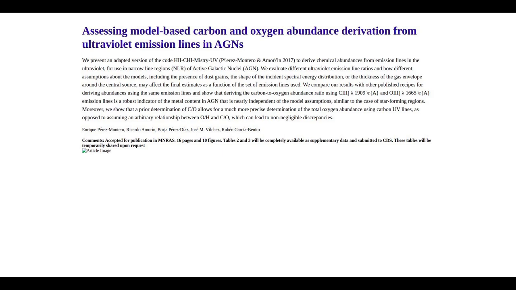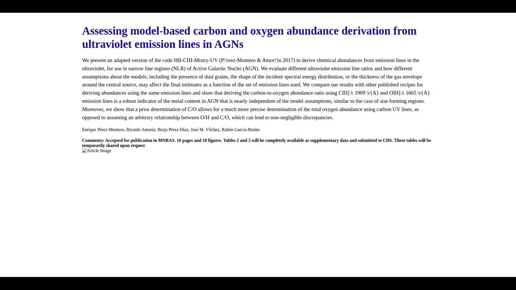We evaluate different ultraviolet emission line ratios and how different assumptions about the models, including the presence of dust grains, the shape of the incident spectral energy distribution, or the thickness of the gas envelope around the central source, may affect the final estimates as a function of the set of emission lines used.